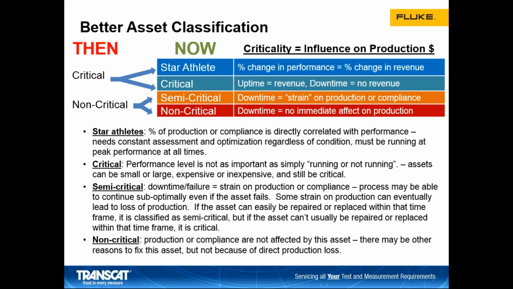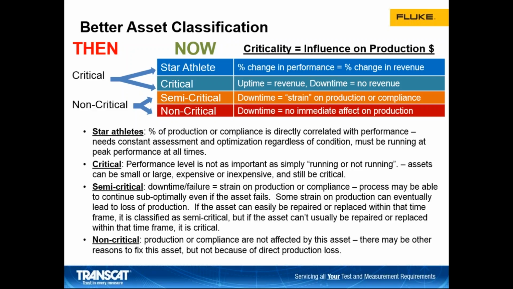Another way of doing this is to take a different approach to categorizing our machines, and maybe not just have a critical, non-critical list, because then it's hard to decide which machines. What if all your machines are critical?